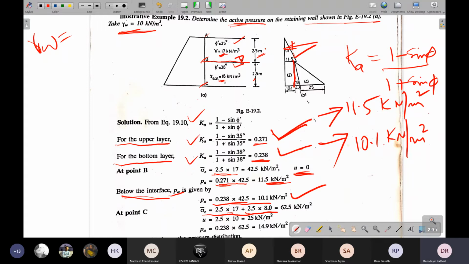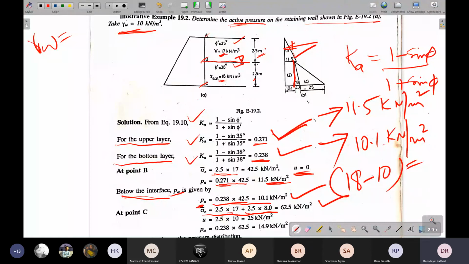But why 8 is given here? Can anyone answer? So, pore water pressure, exactly. That is directly given as 18 minus 10. Effective vertical stress only, because dash is given, right? So effective, then you will get 62. That means the whole thing will come as 62.